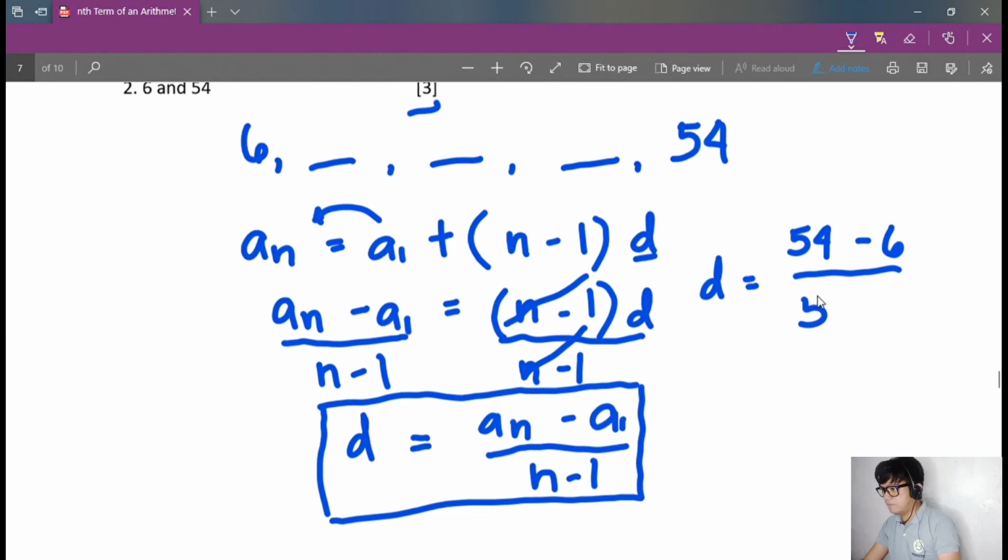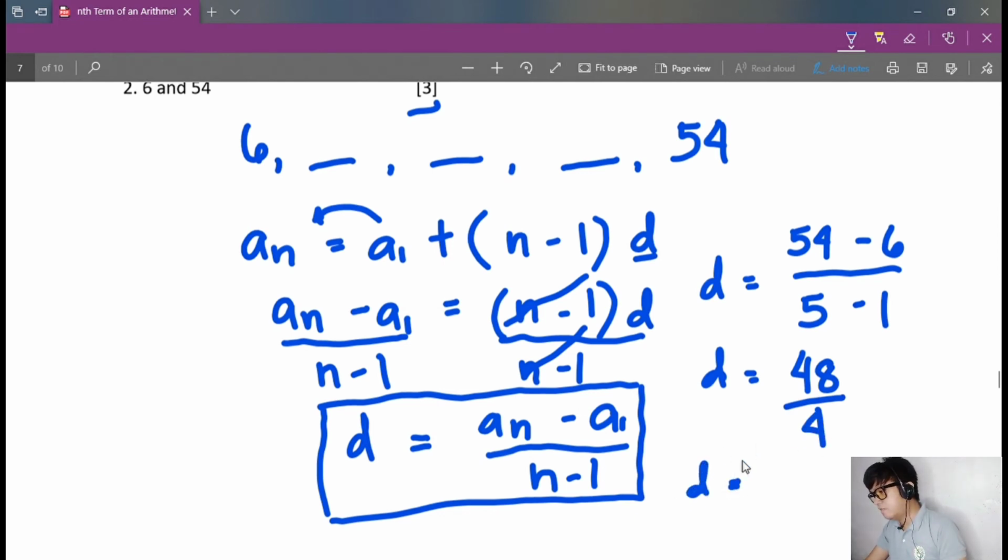So, 5 minus 1. So, d is equal to 54 minus 6 is 48 over 5 minus 1 is 4. And 48 divided by 4 is 12. So, our common difference is 12.